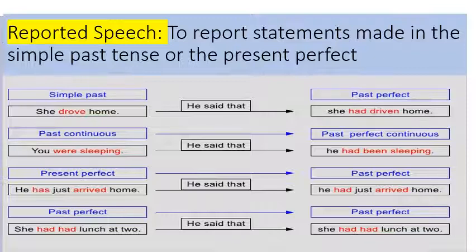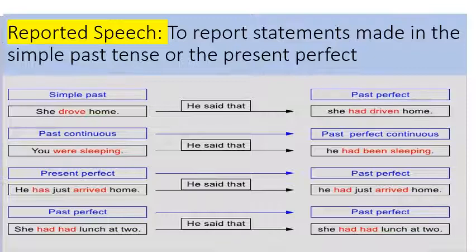This is the first case. When your direct speech is in the past continuous, you were sleeping, and you want to change it into reported speech, it will be past perfect continuous. He had been sleeping. Okay? When your direct speech is in the present perfect, he has just arrived, and you want to change it into reported speech, he said that he had just arrived.